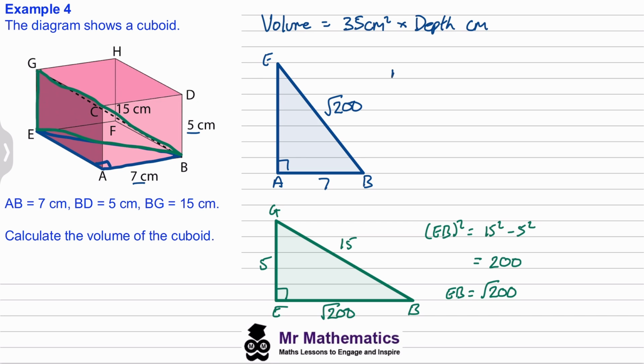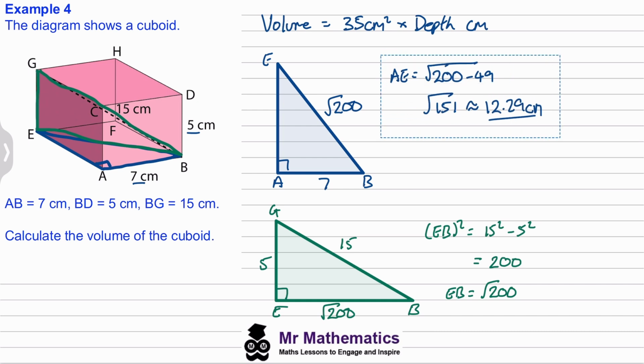So A to E will be the square root of the 200 squared minus the 7 squared. This is the square root of 151, which is approximately 12.29 centimeters. Now we can work out the volume.